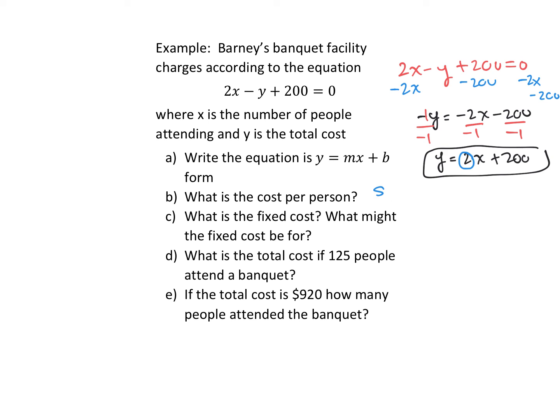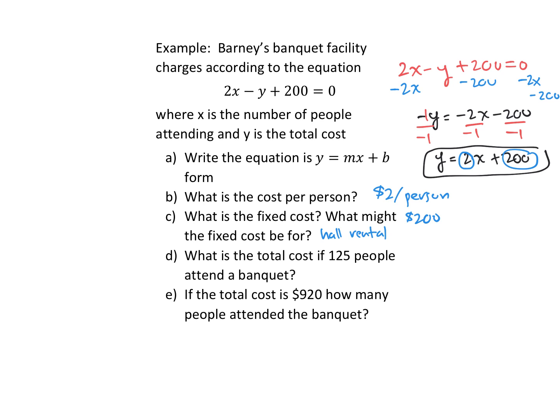So it would be $2 per person is the rate of change. And then the fixed cost is $200, right? That's this cost. And that might be for the hall rental, which is in addition to the cost per person.